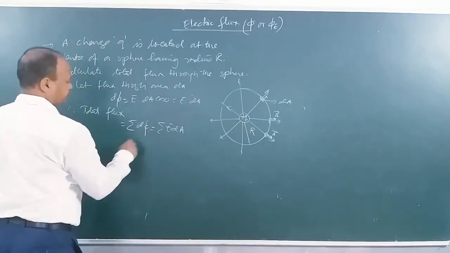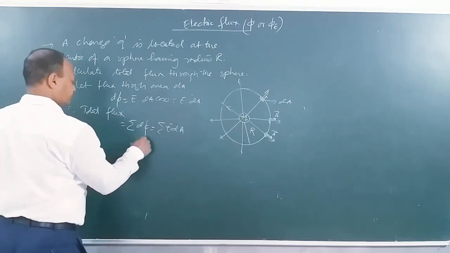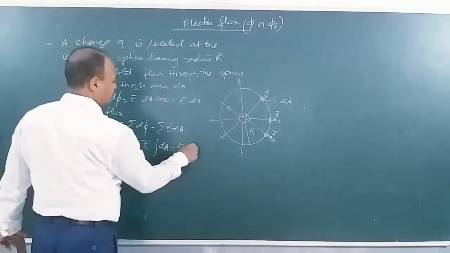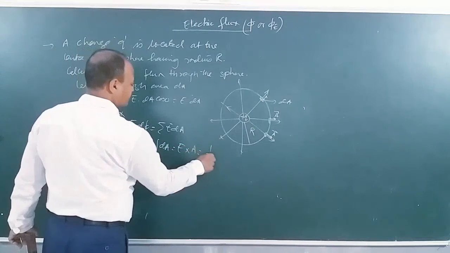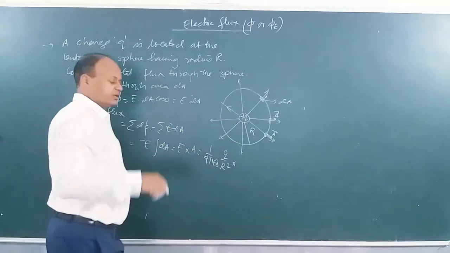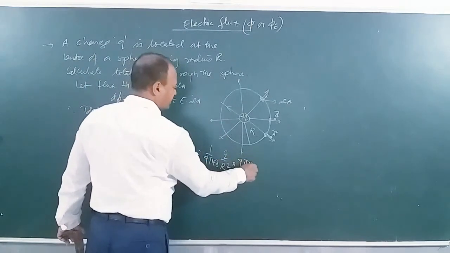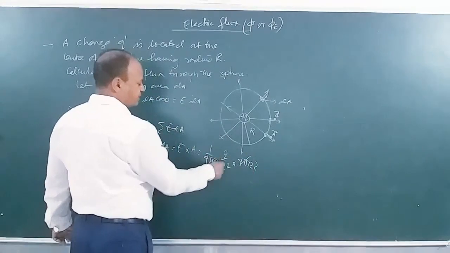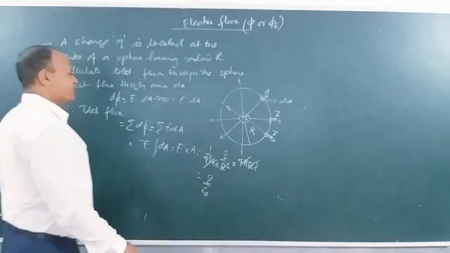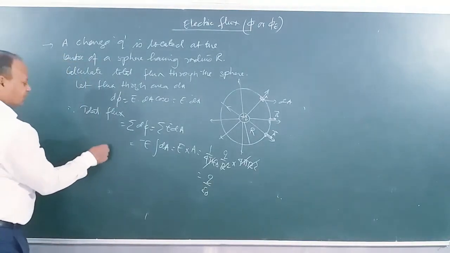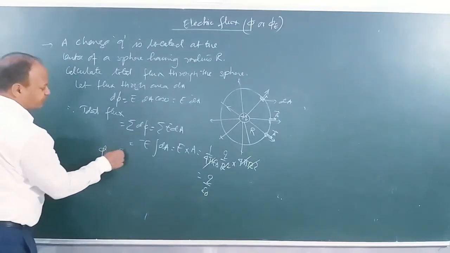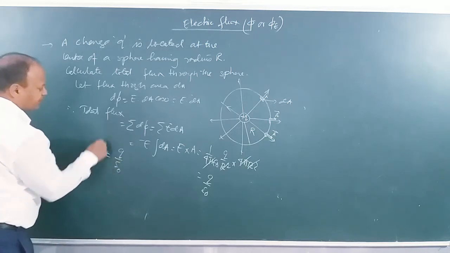So the electric field E times the area will be 1 by 4 pi epsilon 0 q by r square, and the surface area of a sphere is 4 pi r square. So 4 pi cancels out, r square is gone. So this will be q by epsilon 0. So it gives a very important result: if I place a charge q at the center of a sphere, then the net flux will be the charge inside the sphere divided by epsilon 0.